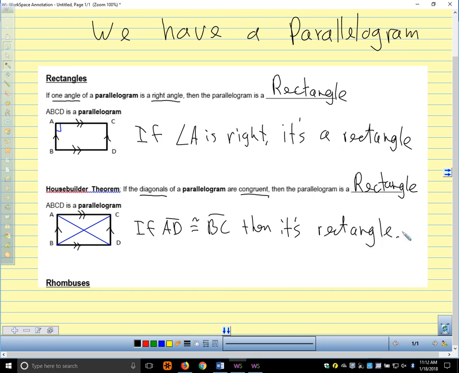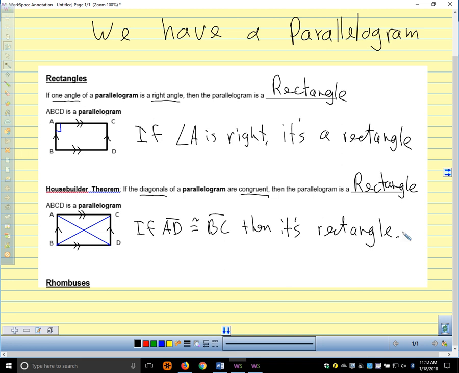The reason they call this the house builder theorem is because anthropologists have found with existing primitive cultures, and we have archaeological evidence, that when people wanted to build some kind of structure, they would use logs or ropes that were the same length to make sure they laid out the foundation of their structure in a rectangle.